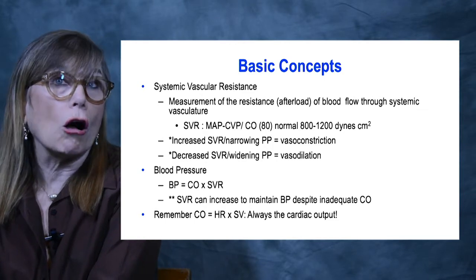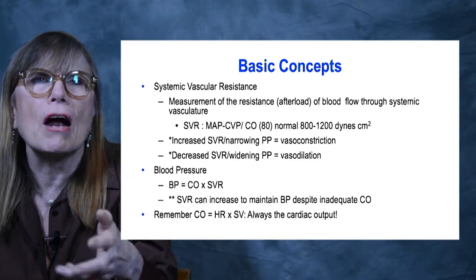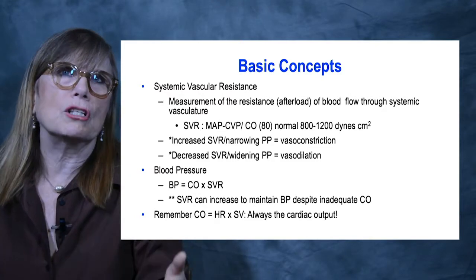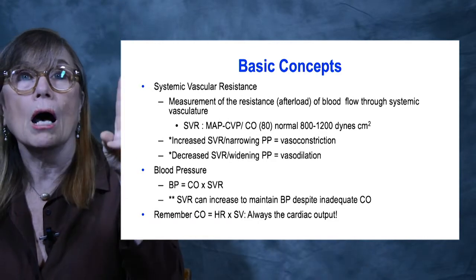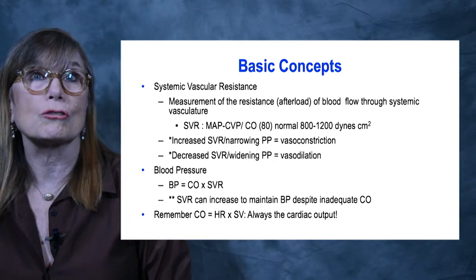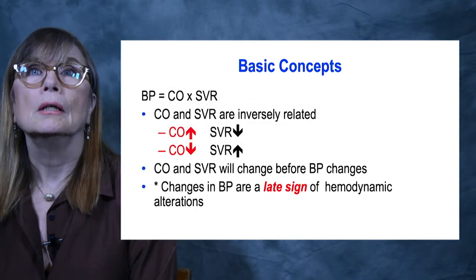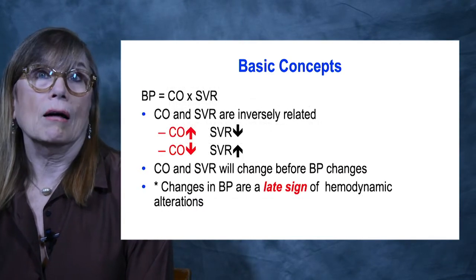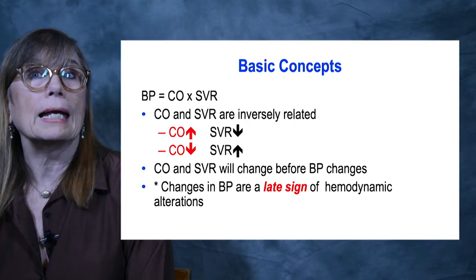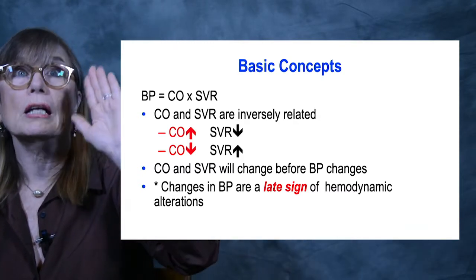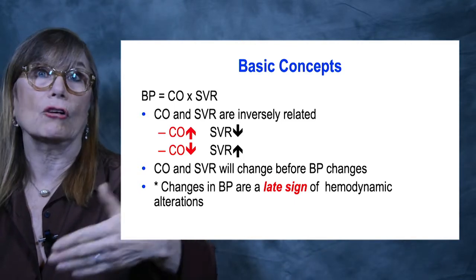So we like to talk about these numbers like they are the end-all and be-all, and they are very good drivers of decision making in terms of whether you should get volume, inotrope, or vasopressors. And that's really the key to understanding shock. Always remind yourself that cardiac output and SVR are inversely related. So if cardiac output, particularly stroke volume, is up, SVR will be down because of the calculation.